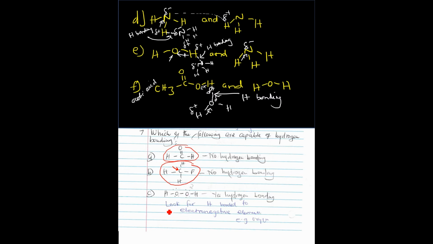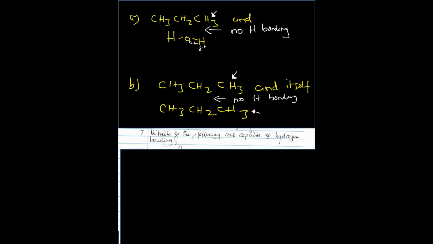But here, hydrogen peroxide, if I bring another molecule of hydrogen peroxide, I expect hydrogen bonding to happen because of dipole moments. Here, hydrogen is partially positive, oxygen is partially negative, and in the second molecule it will be the same. Opposite charges attract, so I'm able to do H bonding between these two molecules of hydrogen peroxide.